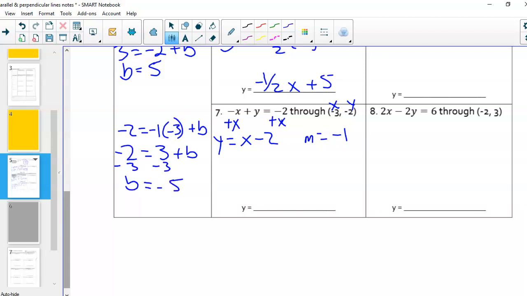So what's our equation? y equals -1x minus 5, or -x minus 5. Either one. You don't need the 1, but you can put it. We multiply first to combine those two, but then add or subtract depending on whether it's positive or negative.